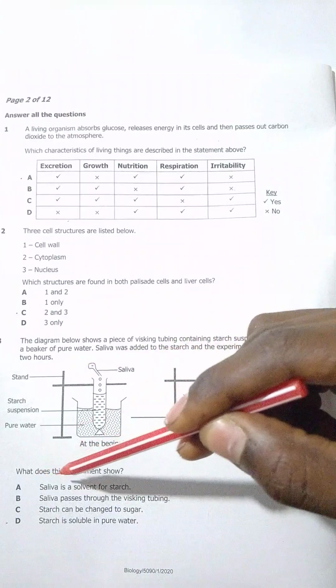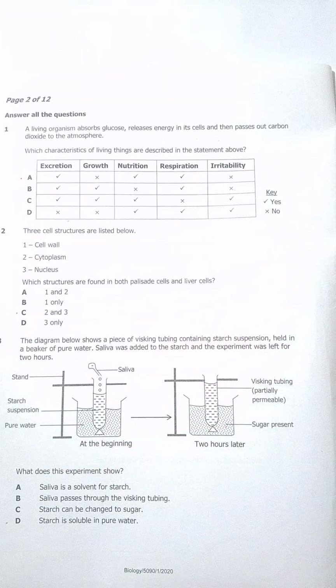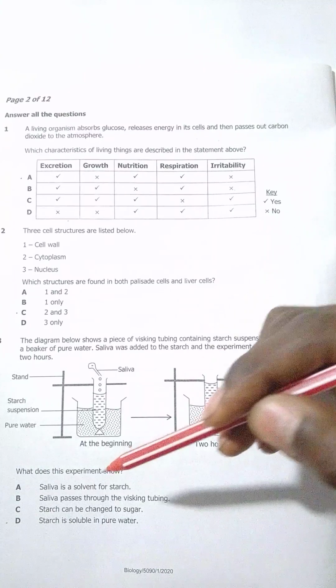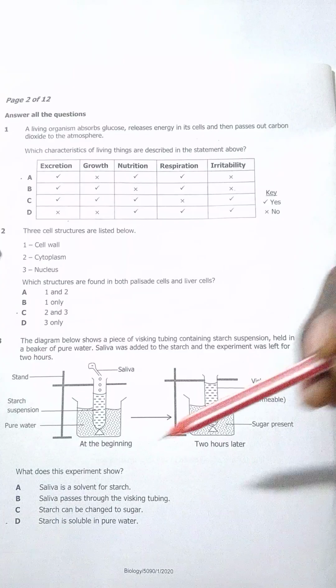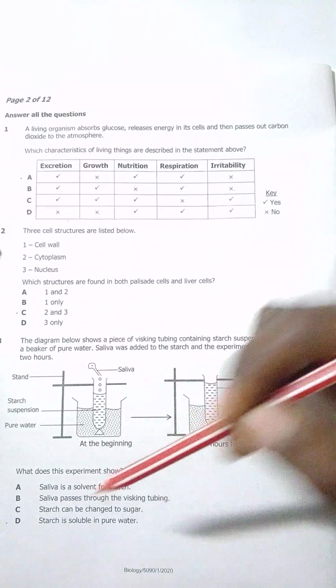So what does this experiment show? Here we have A, saliva is a solvent for starch. A solvent is a substance in which a solute dissolves. So if saliva is a solvent of starch, it means this starch can dissolve in saliva.